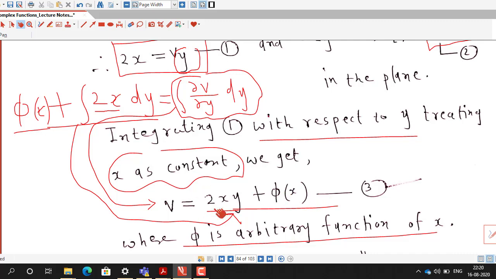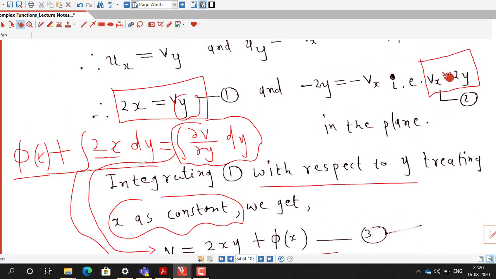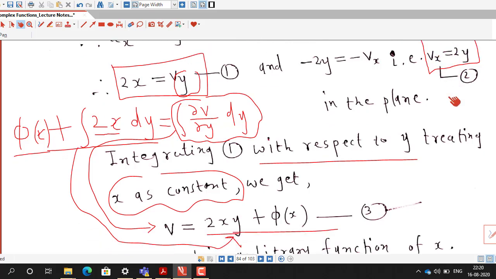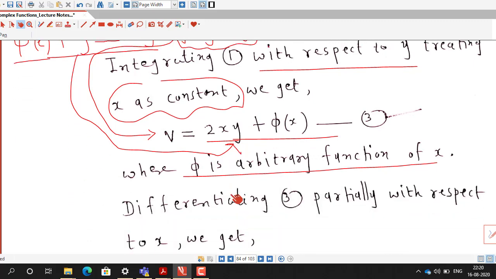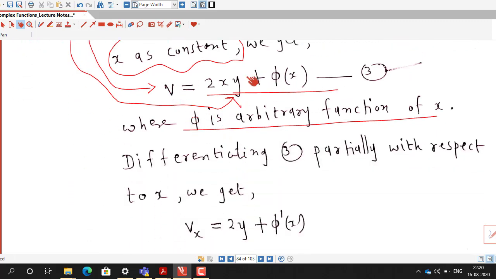So to decide this unknown function, we will use this second equation. Second equation is del v by del x equal to 2y. So to use this equation 2, we will differentiate this equation 3 with respect to x, considering y as constant. So this is del v by del x, y is constant, so 2y is constant, derivative of x is 1, plus derivative of phi with respect to x, and phi is function of x only.